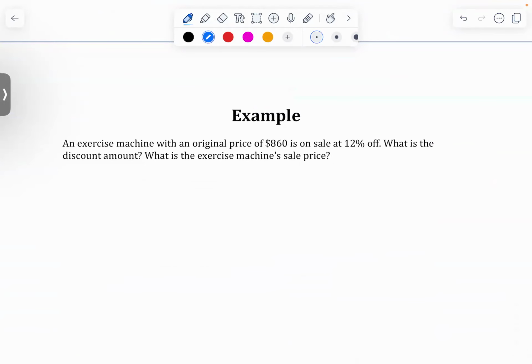Example. An exercise machine with an original price of $860 is on sale at 12% off. What is the discount amount and what is the exercise machine's sale price? So if something is $860 and it's 12% off, in order to deal with percentages, multiply by 0.12.